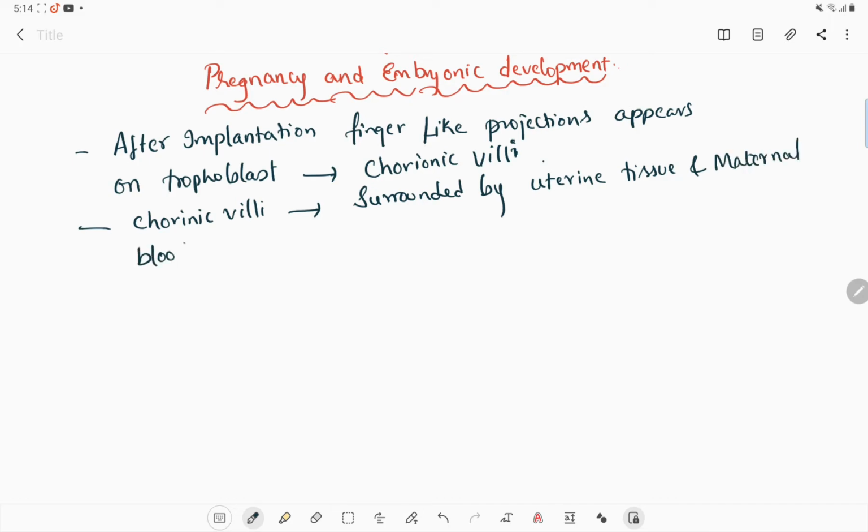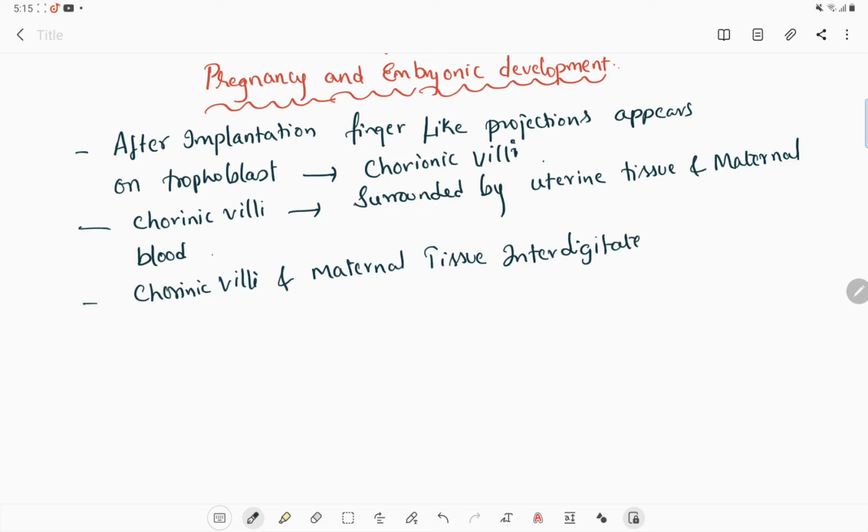So the chorionic villi and maternal tissue interdigitated with each other.